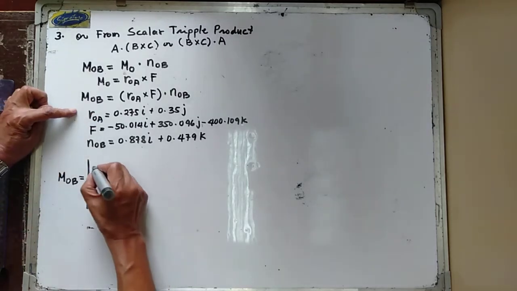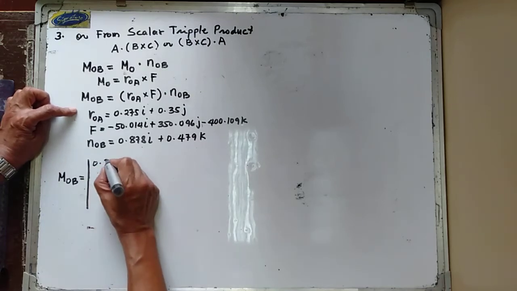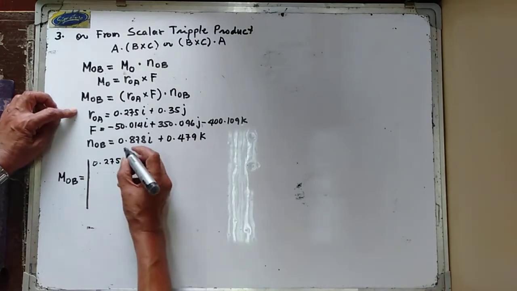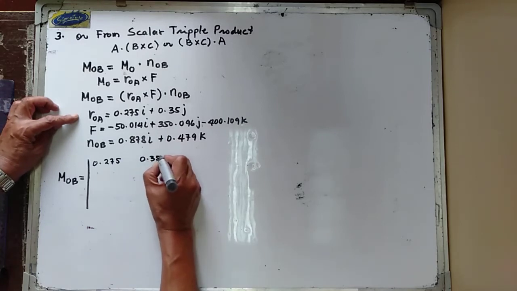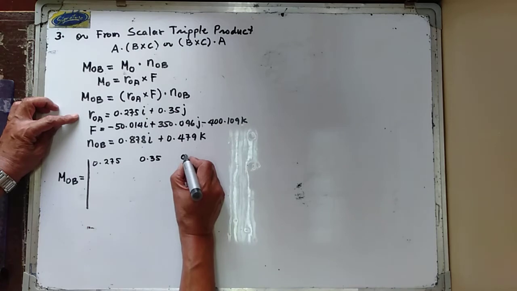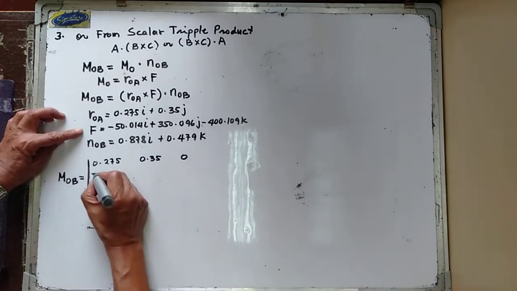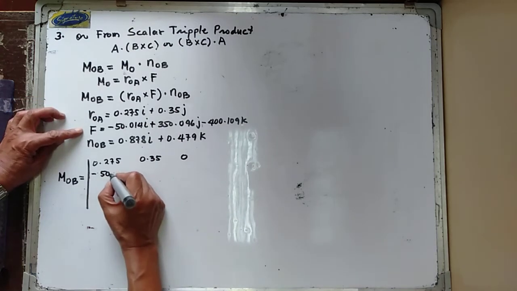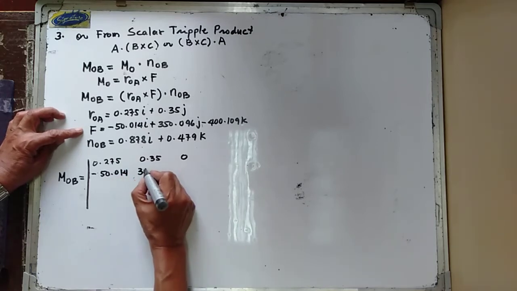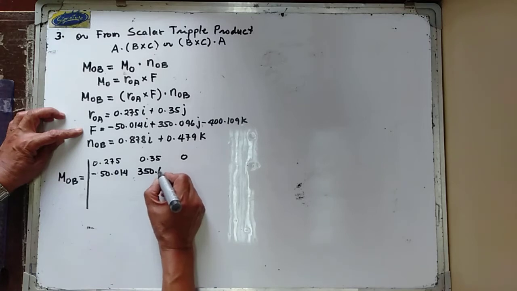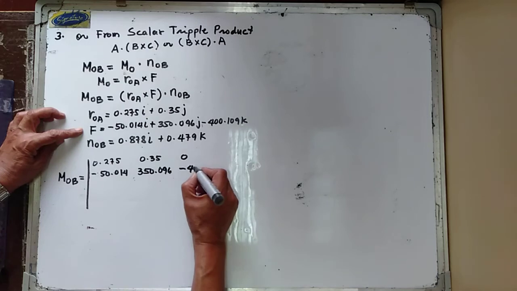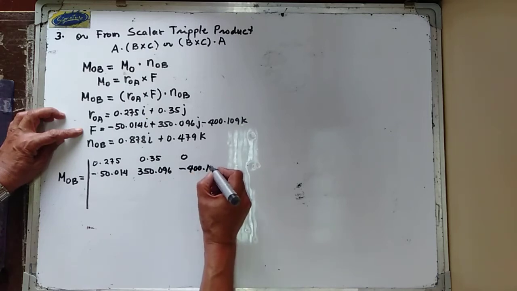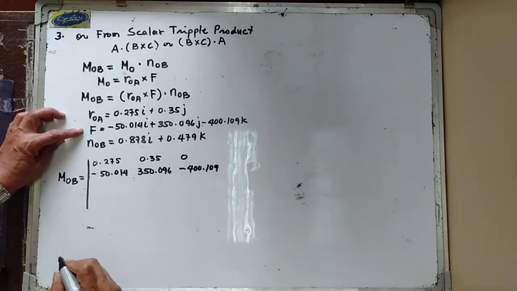So we have 0.275, 0.35, K is 0. This is minus 50.014, this is 350.096 and negative 400.109.